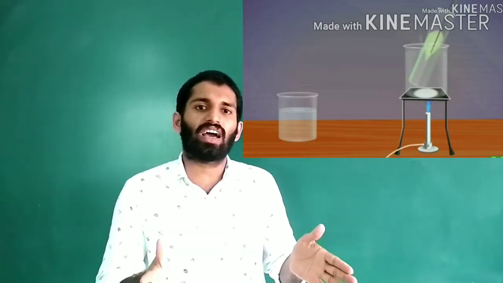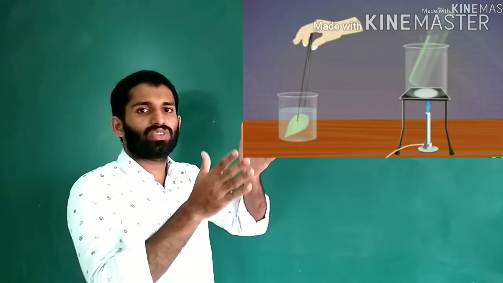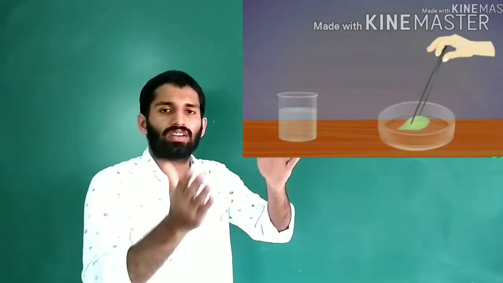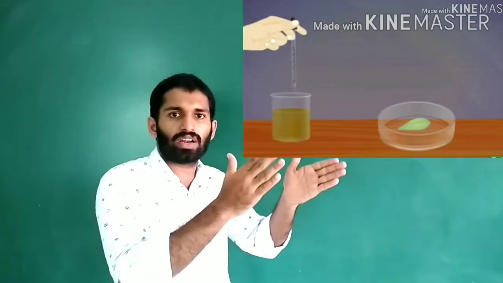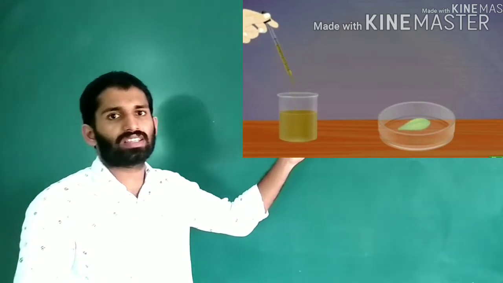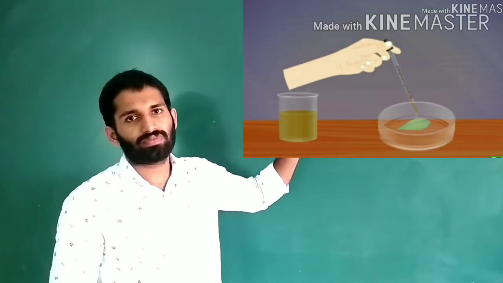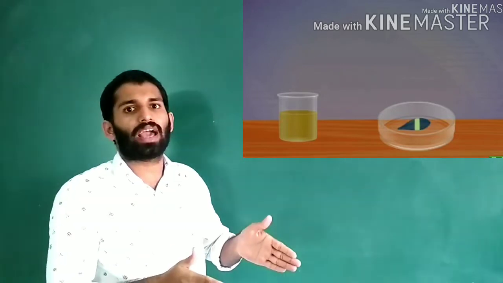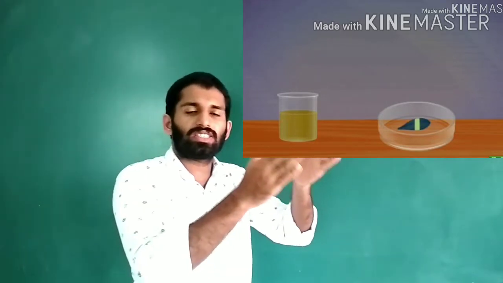And you can see that only those portions of the leaf which were uncovered with the black paper turn blue-black. The portion which is covered with the black paper does not show any color change.